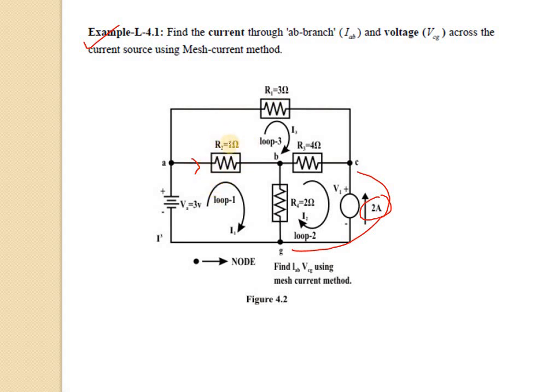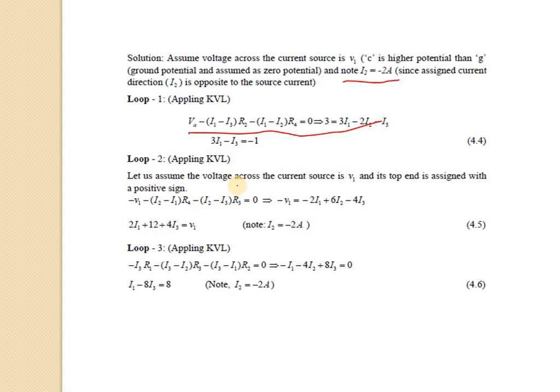R2 is connected between loop 3 and loop 1, so it will be R2 into (I1 minus I3), and R4 is connected between I1 and I2, so it will be R4 into (I1 minus I2), and the voltage source direction is positive, so it is positive here. Putting all those values, we are getting 3I1 minus I3 equals minus 1. Now loop 2 equation we will put in a similar way.